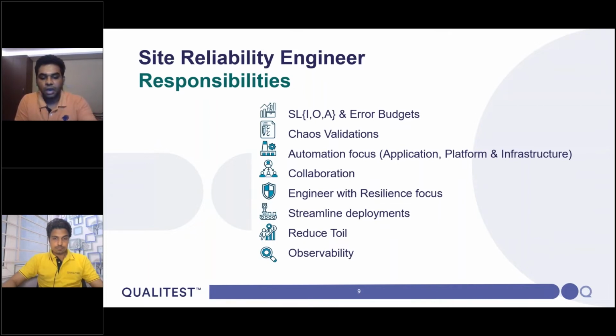Let's say if you have an error budget, or you have SLI, SLO, SLA, all this information gives insights about your service. And you have streamlined deployments, and you have reduced toil, which is more towards implementing and improving on a day-to-day basis. So even collaboration gives that kind of business proposition, right?